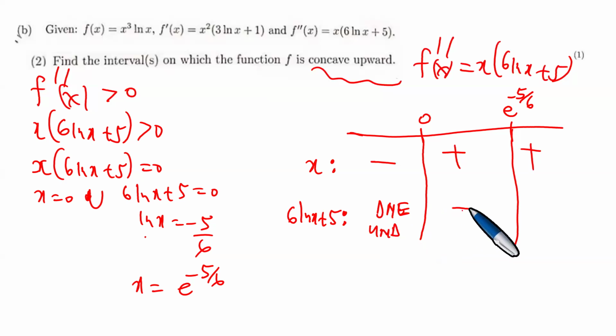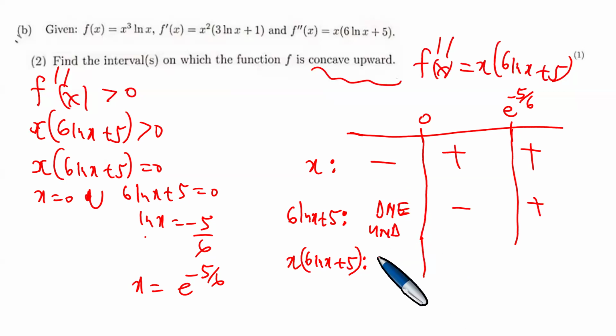Then you do the product x(6 ln x plus 5). Where one factor is undefined, the product is undefined. Multiplying a negative and a positive gives a negative, and multiplying two positives gives a positive.